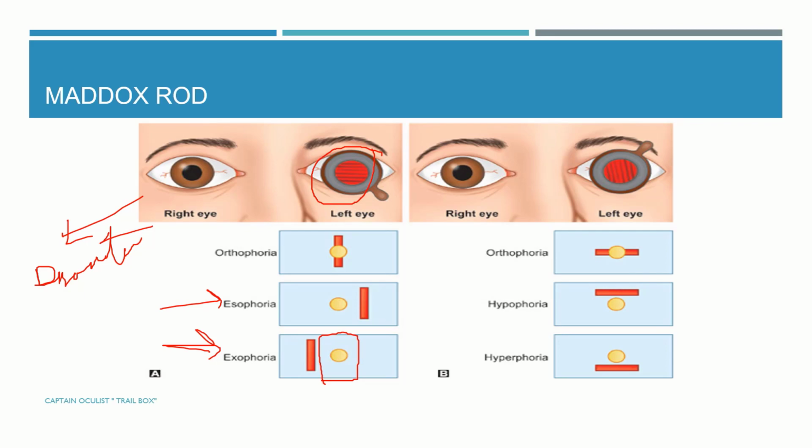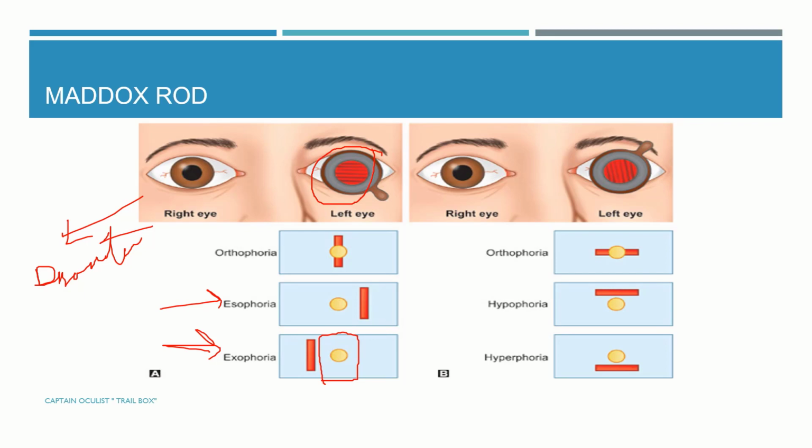So what is subjective measurement of deviation? In subjective measurement of deviation, place the Maddox rod in the right eye. The power of the prism in front of the other eye is increased until the orthophoric situation is achieved.